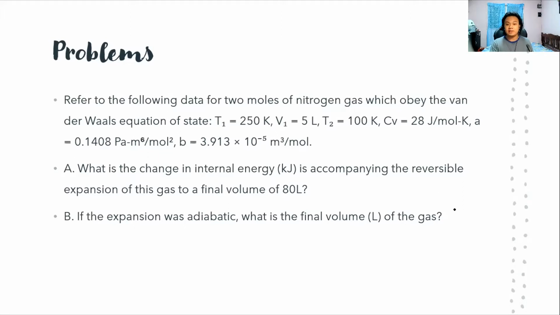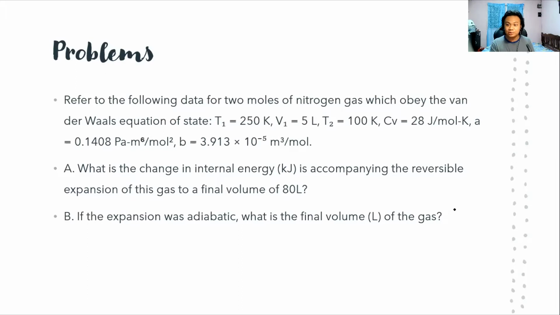Okay, so what we are asked is the change in internal energy accompanying the reversible expansion of this gas to a final volume of 80 liters, if the expansion was adiabatic, what is the final volume of the gas?